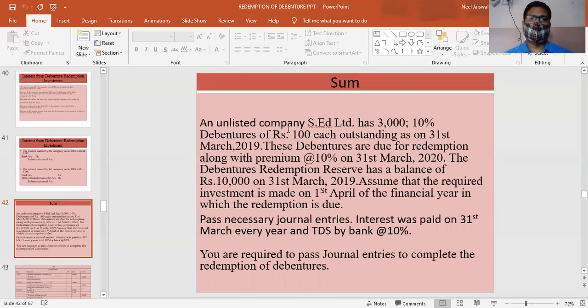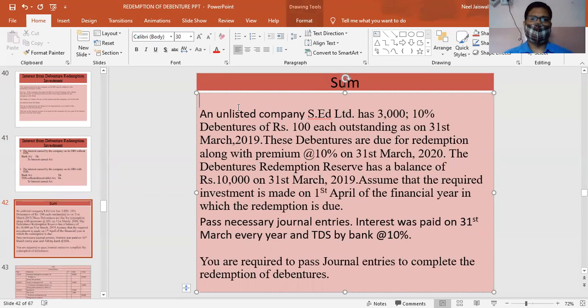Next is a sum. Please read the sum. An unlisted company, Asset Limited, has 3,000 10% debentures of rupees 100 each, outstanding as on 31st March 2019. These debentures are due for redemption along with premium at the rate of 10% on 31st March 2020.